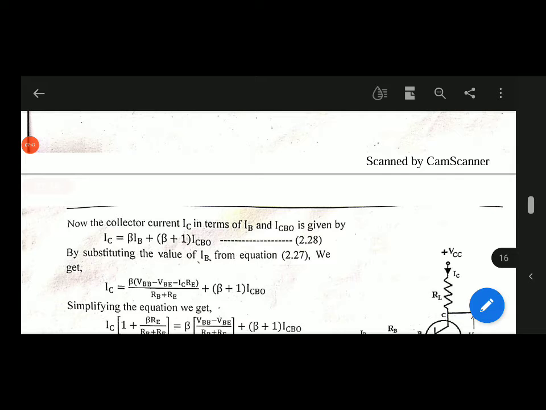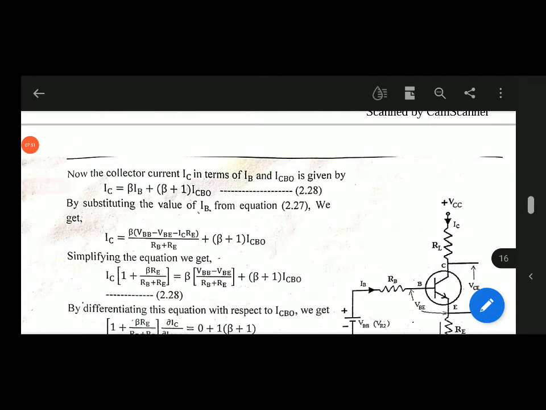By substituting the value of IB from equation 2.27, we get IC is equal to beta into (VBB minus VBE minus IC into RE) divided by RB plus RE, plus (beta plus 1) ICBO.